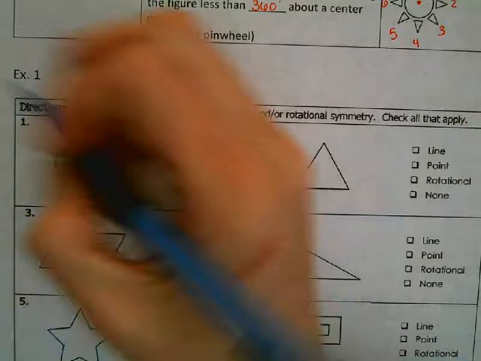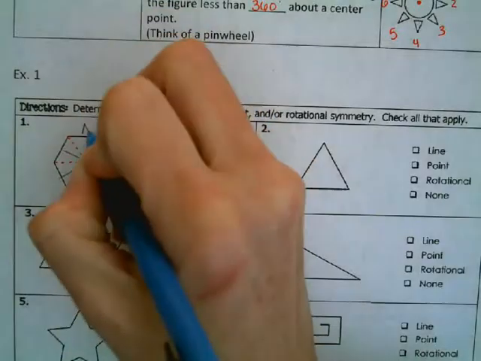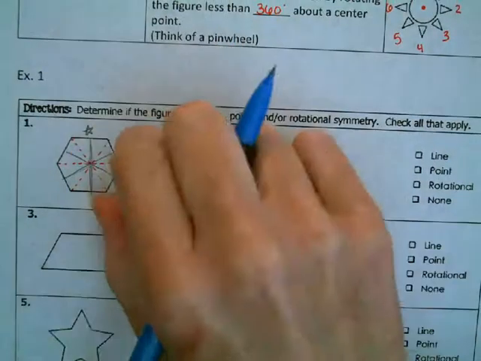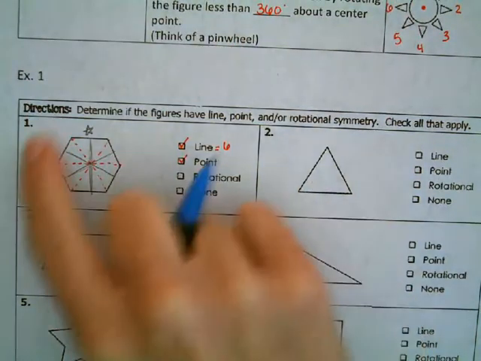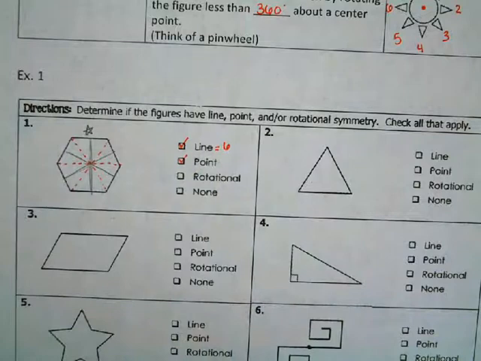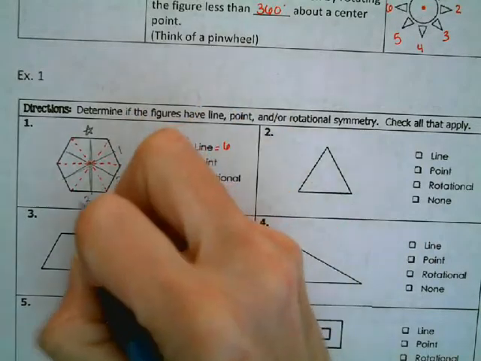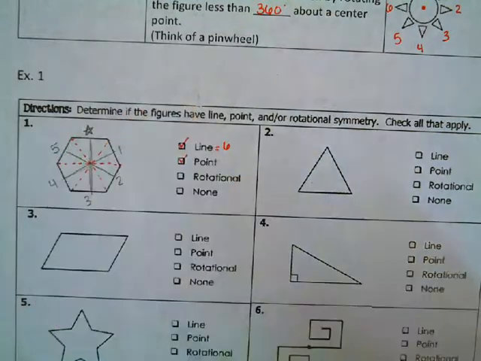Rotational symmetry means, okay, if you start here, let's say I start on this side. If I was going to rotate this, how many times could I rotate it till it got back to the same position and it's mapped onto itself? So 1, 2, 3, 4, 5. This only works because this is an equilateral, meaning all the sides are the same length.